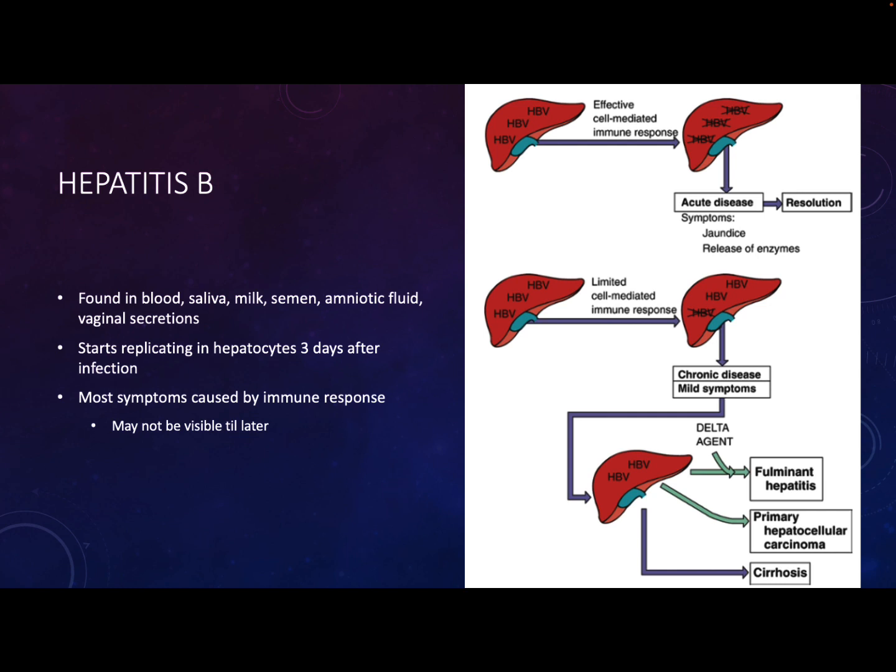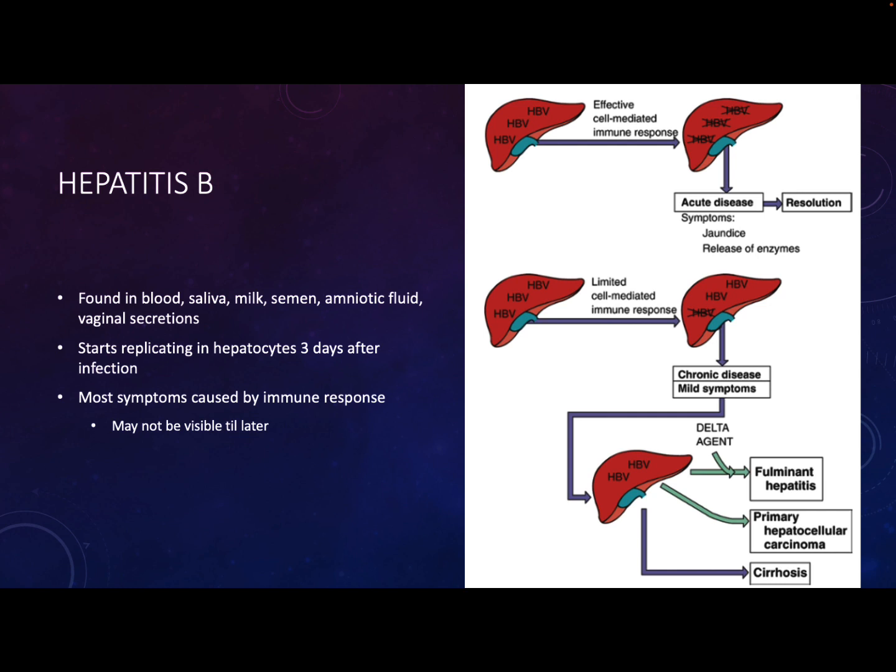And generally what we see in the majority of patients is the virus will get into the liver and replicate. People have an acute type of infection where their cell-mediated immunity, their T cells, go in, clear out the infected cells, and we're fine. You'll have jaundice, you'll have the release of liver enzymes, but again, in most patients it can clear.